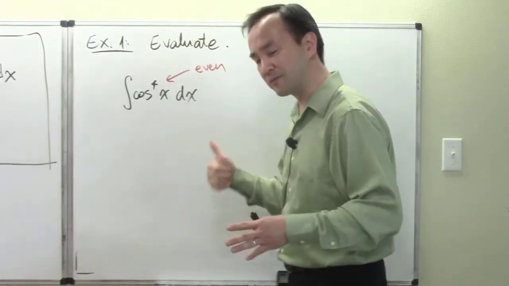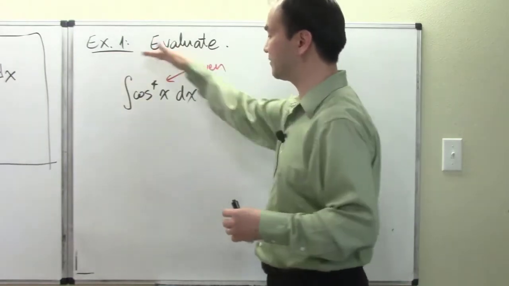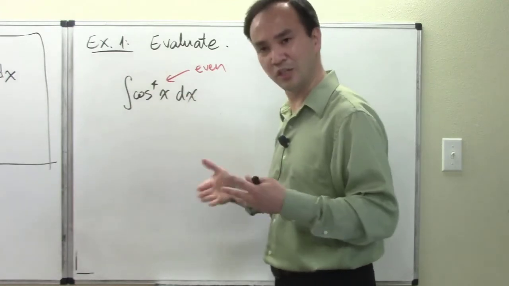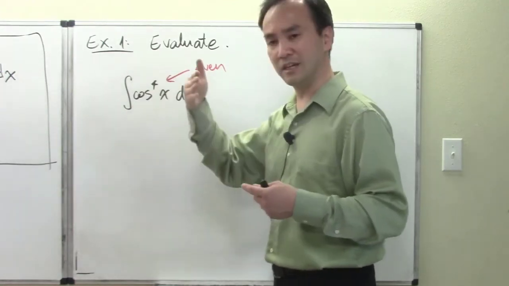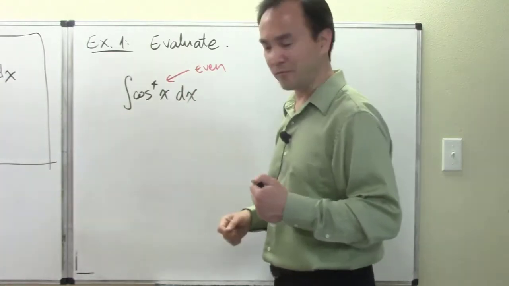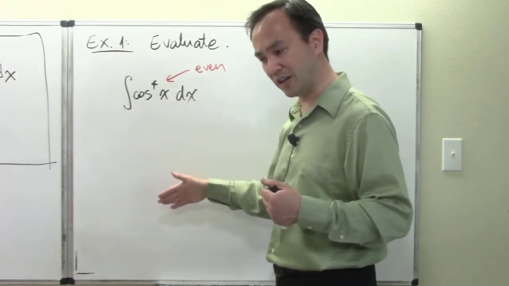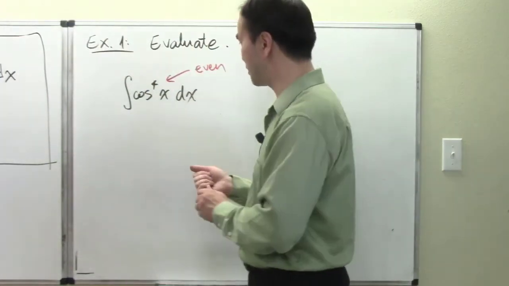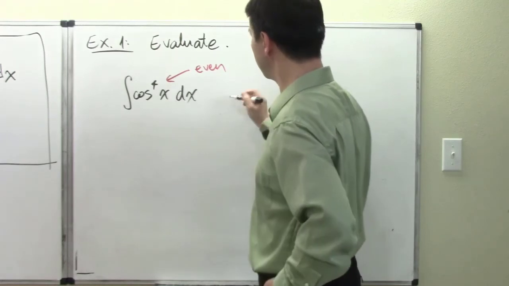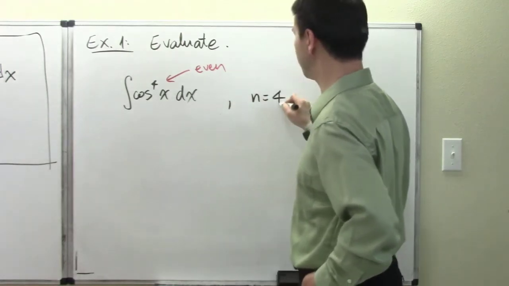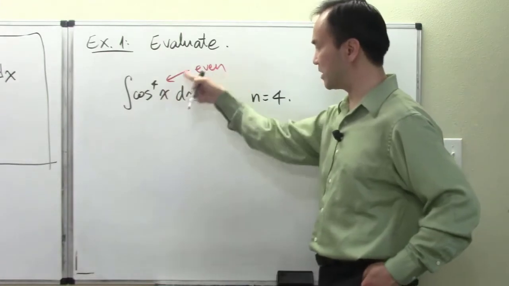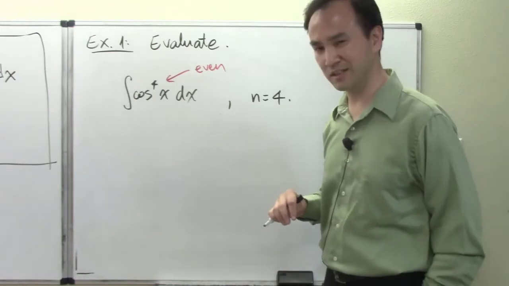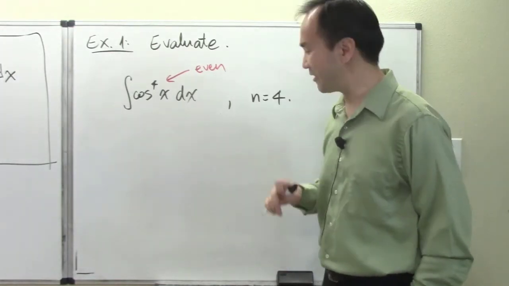As a general rule of thumb, anytime we have a high power of cosine or sine of x, let's first try to use the reduction formula. I introduced that on the board, and it can be effectively used for this. Here the high power n is 4. And the word even that I point to is just something to trigger your observation.